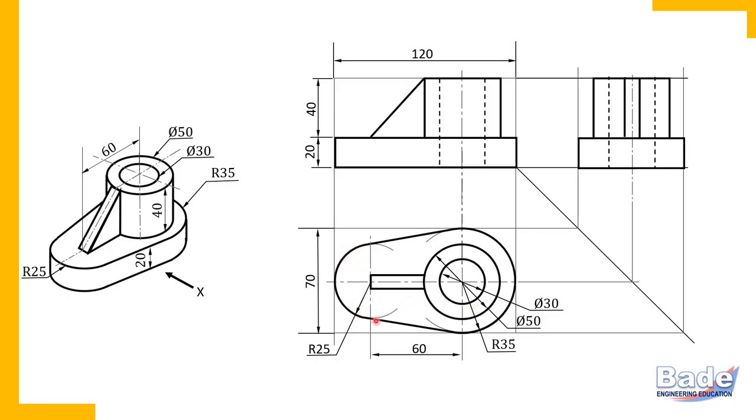When it is a portion of a circle, semicircle, quarter circle, or any length of arc of a circle, you should insert the dimension with radius. So this circular edge has a radius of 25. Now watch here, this circular edge has a radius of 35. This is how we insert dimensions for arcs of a circle.